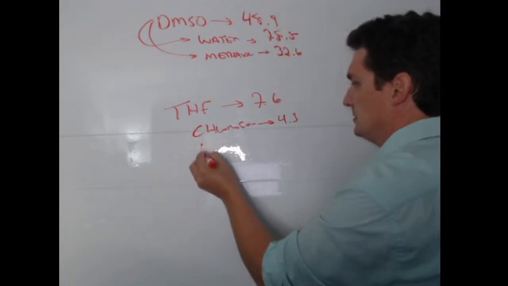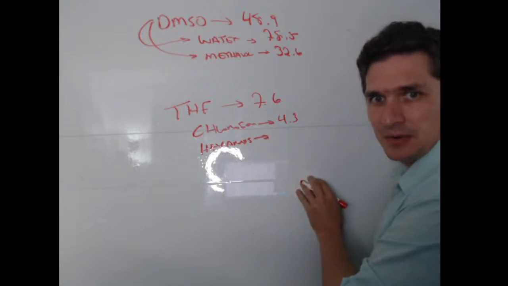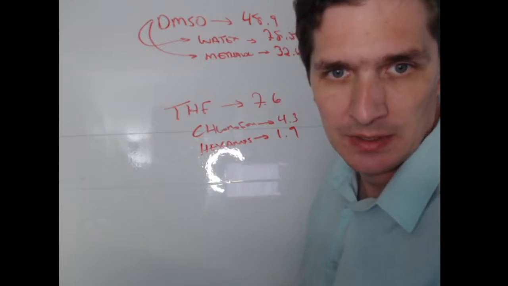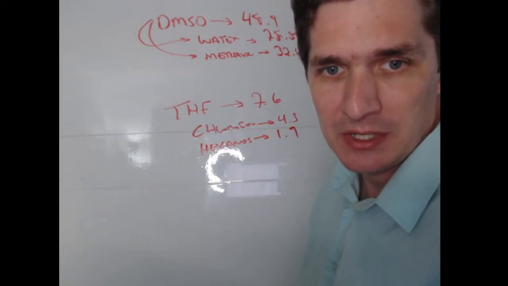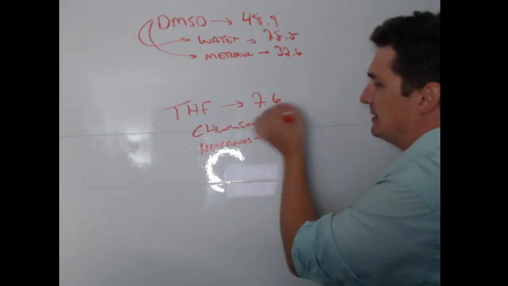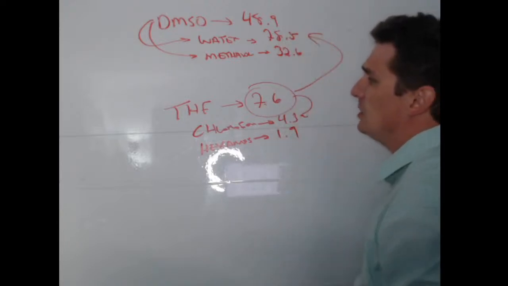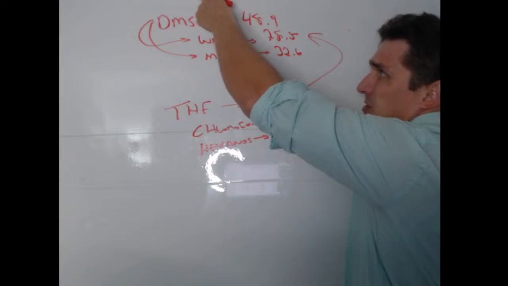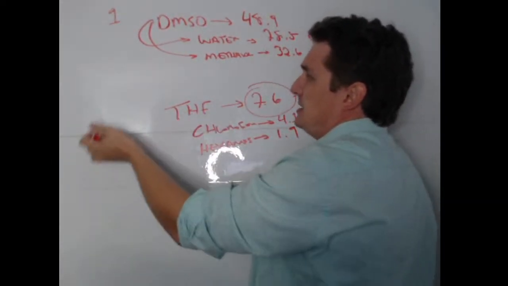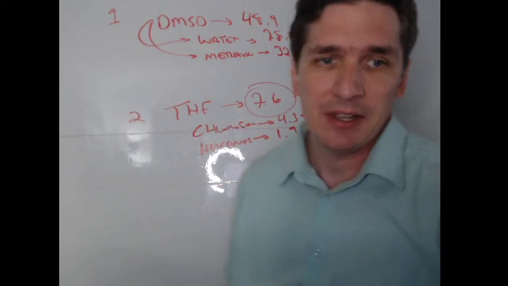Hexanes sit in a range of 1.9. So our ubiquitous nonpolar solvents, not going to stabilize the charge at all, are sitting at around 4 and 1. THF isn't too far off, but it's definitely radically off from water. So DMSO is a good charge stabilizer, and you're probably promoting the unimolecular pathway. Something like THF is going to promote the bimolecular pathway because it's not very good at stabilizing charges.